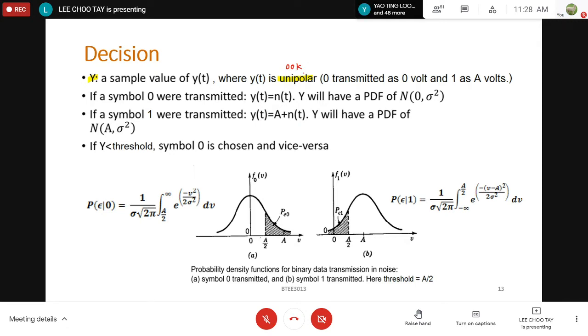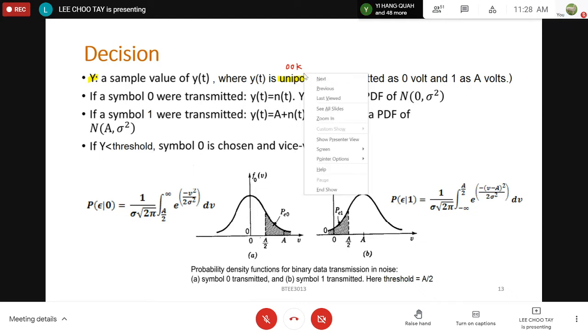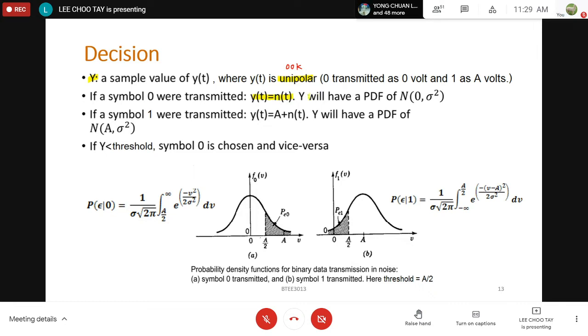Now, if symbol 0 was transmitted, because we don't transmit any voltage, we transmit 0 volt, the sampled value is only the noise. Whatever value we sample is only the noise. Therefore, Y will have a PDF of N, which consists of 0 mean and sigma squared, which is the variance.